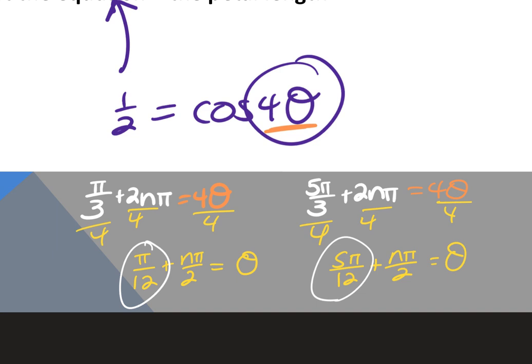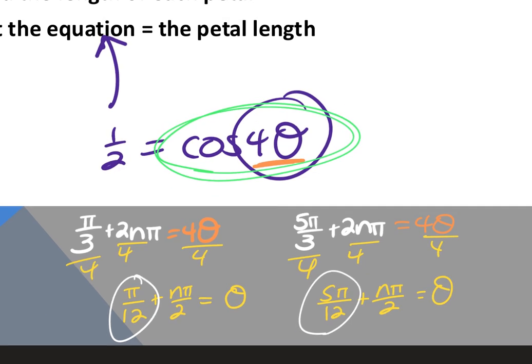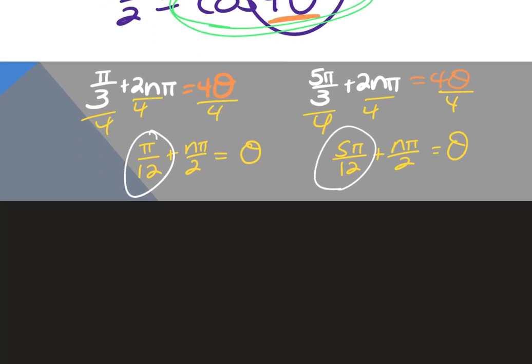But based on this equation, how many petals are there? 8. We double it when it's even. So based on this, there would be 8 petals. We just found 2. And then we would actually take pi over 12 and add this interval, making n1.